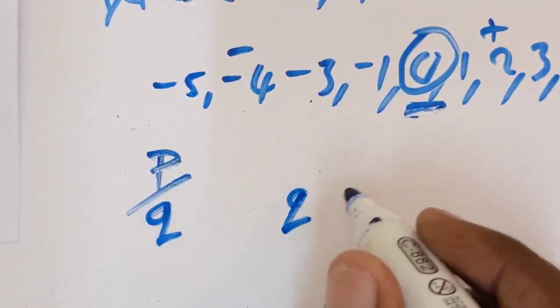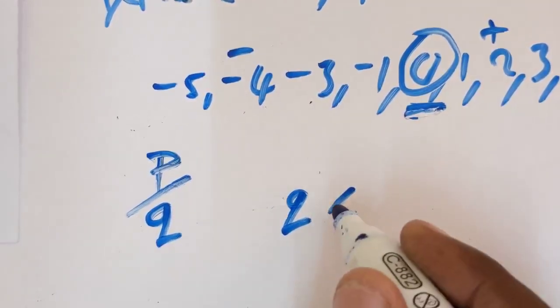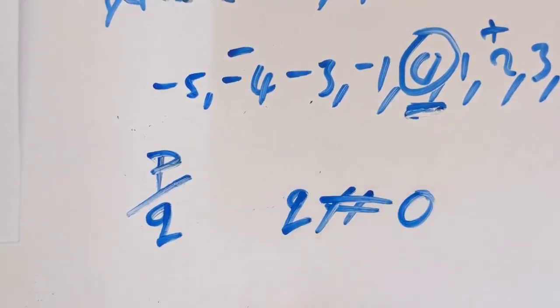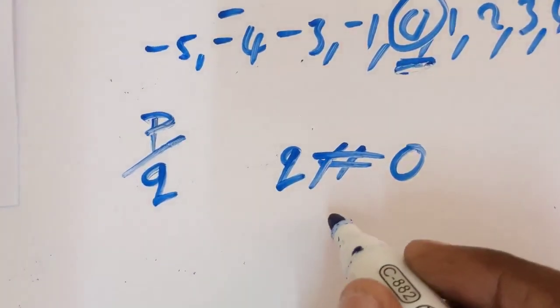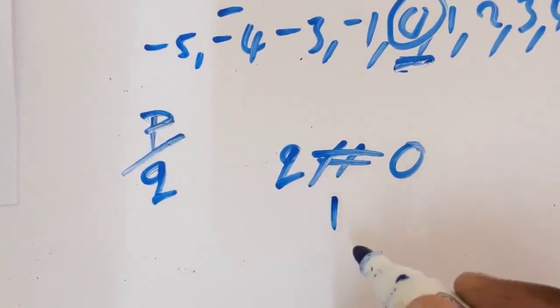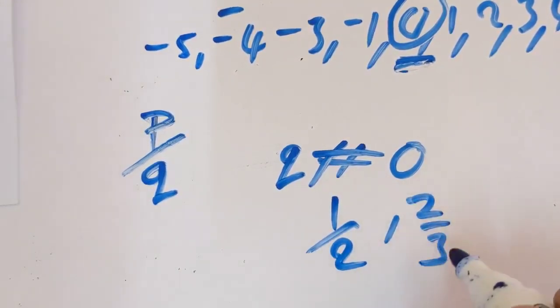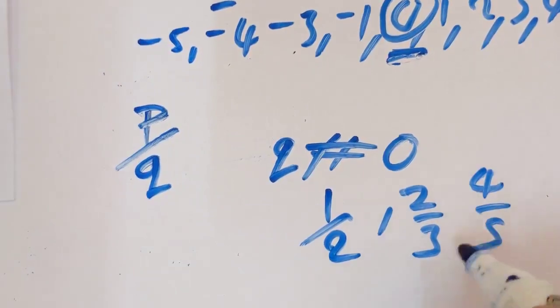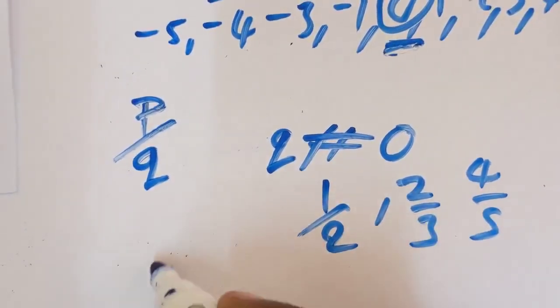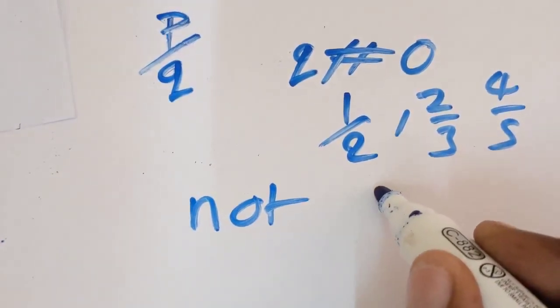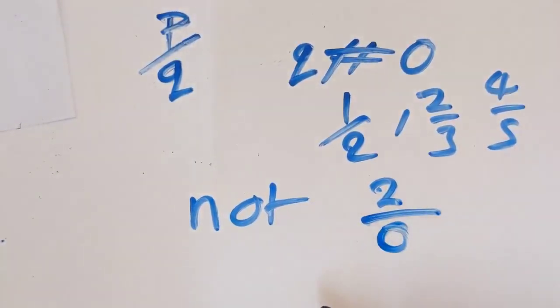Q, which is down here, is not supposed to be equal to 0. There are numbers like 1 over 2, 2 over 3, 4 over 5, but not ones where we have 2 over 0. No, not like this.